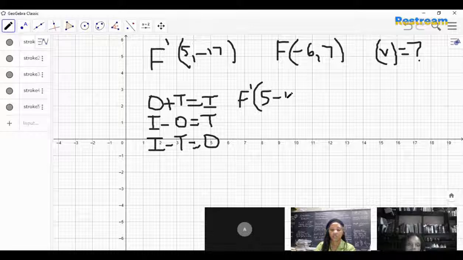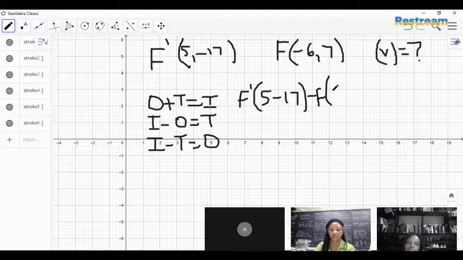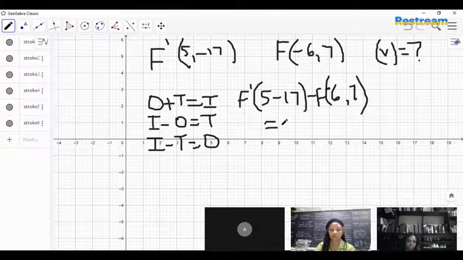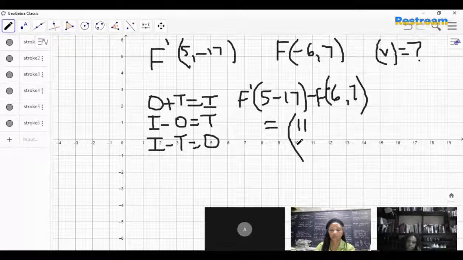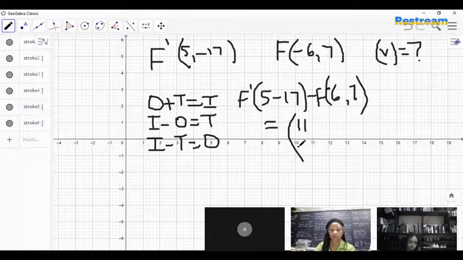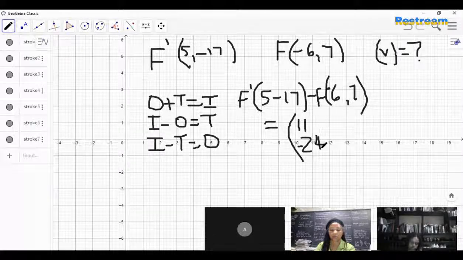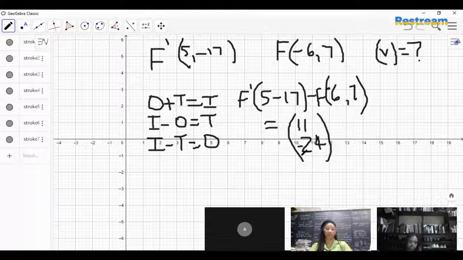So the image minus the object. 5 minus -6 is 11, and -17 minus 7 is -24. So the translation would be (11, -24).